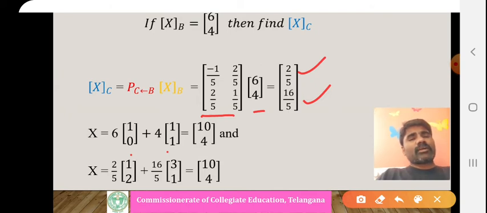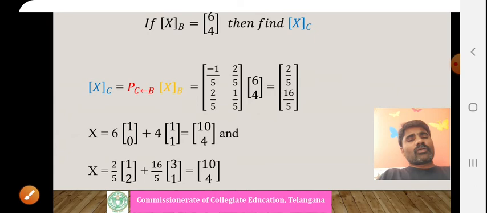Express x as a linear combination of elements of C, that is x equals 2 by 5 into 1 comma 2 plus 16 by 5 into 3 comma 1. Then we get the same 10 comma 4. That's why these coordinates are correct with respect to the basis C.